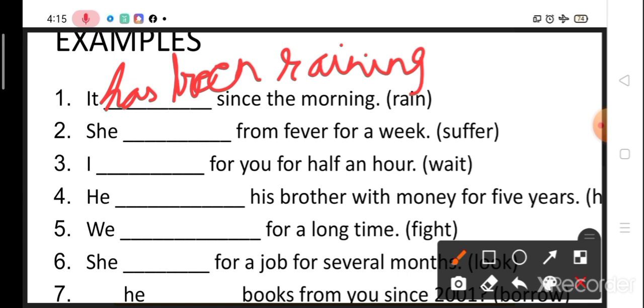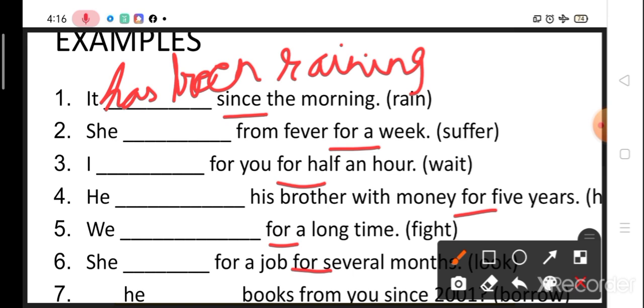Now children, these are the words which I told you, that since, for, then again here also for. So this shows a continuity. The words like since and for show the continuity, like it is still continuing since this period.